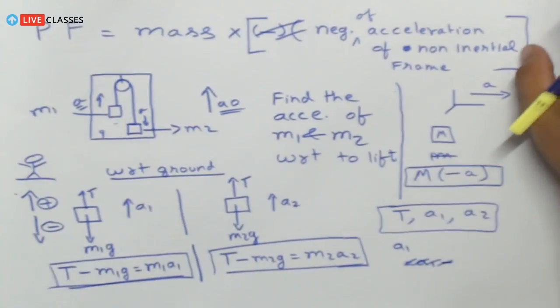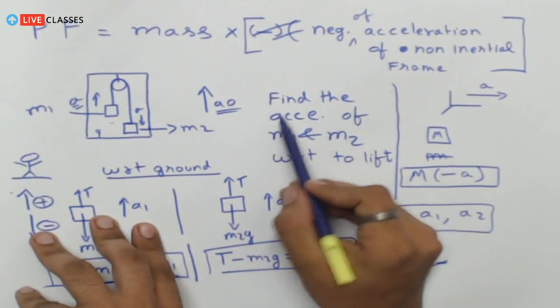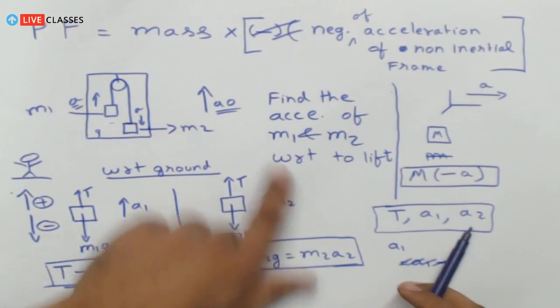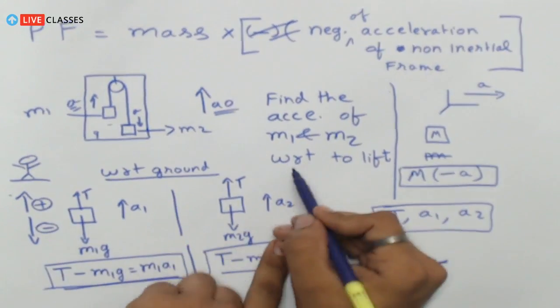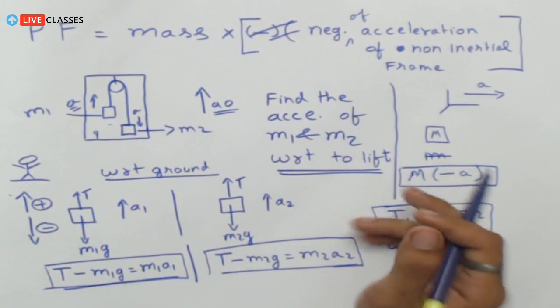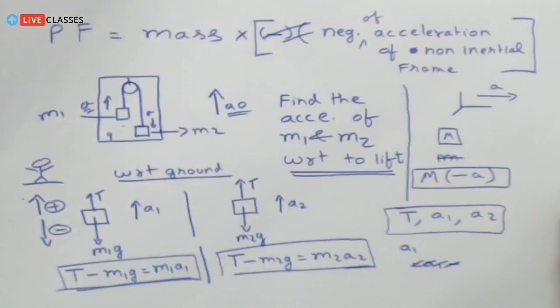The question is meant to make you solve it using the knowledge of pseudo force, which is why the question says to find the acceleration of M1 and M2 with respect to the lift. Remember this, with respect to lift. This question is made to make you understand pseudo force only. The question is clearly telling you to solve it through pseudo force, and it will become easy.